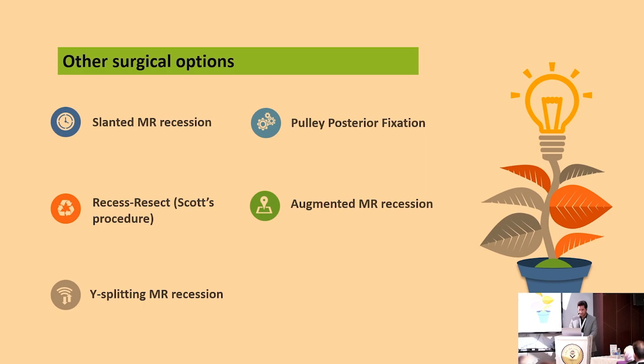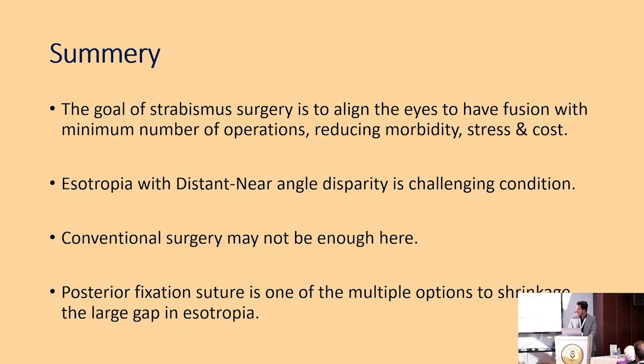Recess-resect procedure or Scott procedure, wide splitting medial rectus recession, polyposterior fixation, augmented medial rectus recession also have been mentioned in literature. I only use slanted medial rectus recession where the disparity is 10 prism diopter between far and near or more. Other techniques, I don't have any experience with.